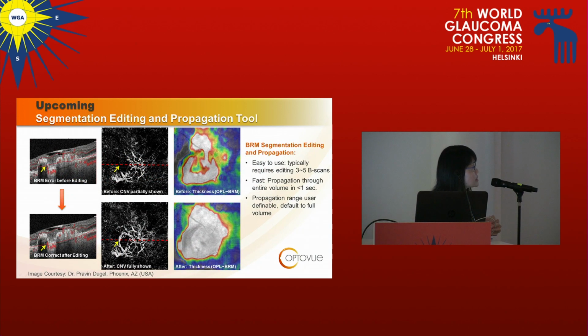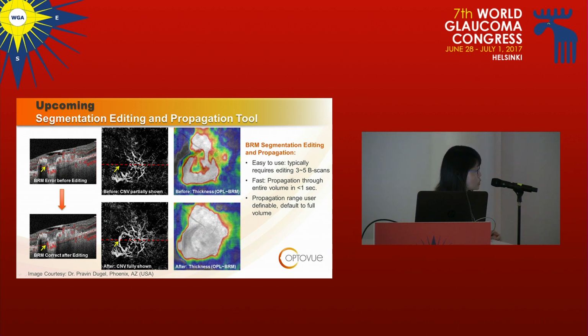Like in all automatic segmentations, in pathological cases there will be difficult cases where segmentation could fail. Like this example, Bruch's membrane in the top row shows some segmentation error. So we have developed a segmentation editing and propagation tool. By modifying a few B-scans and then propagating through the entire volume, you can get the entire Bruch's membrane volume corrected.